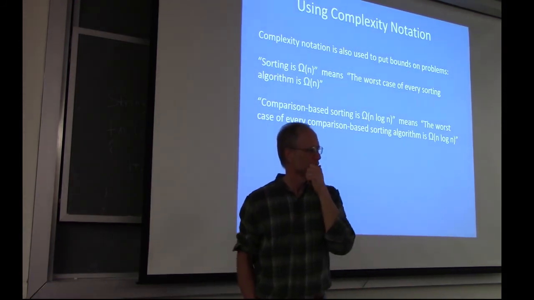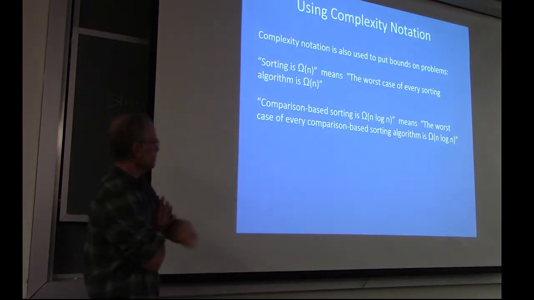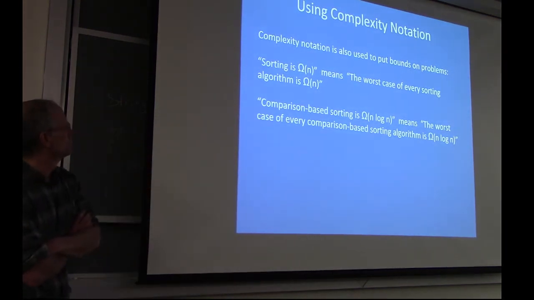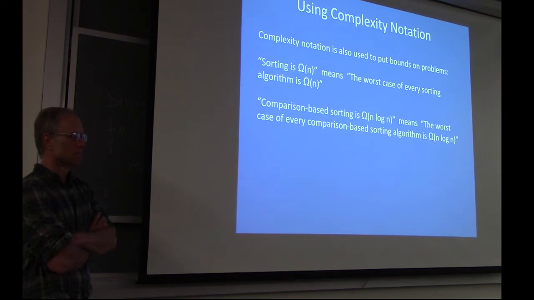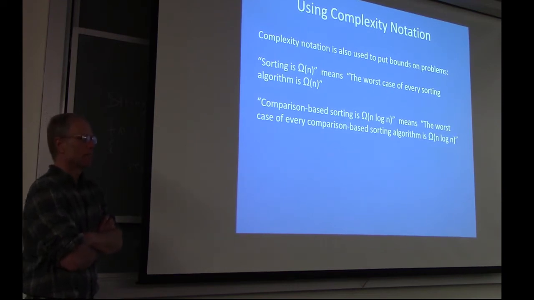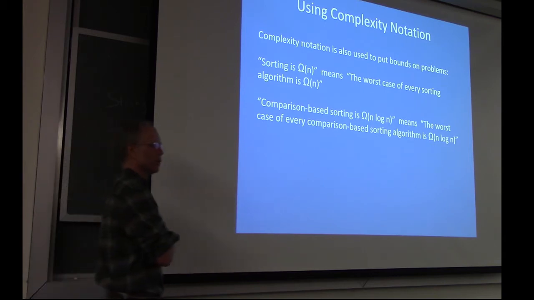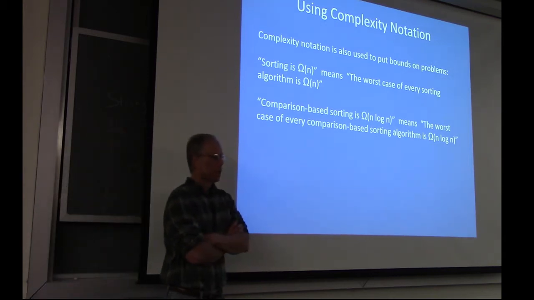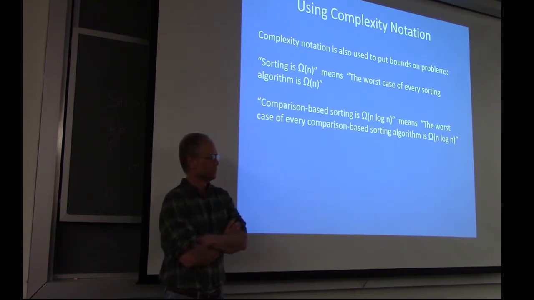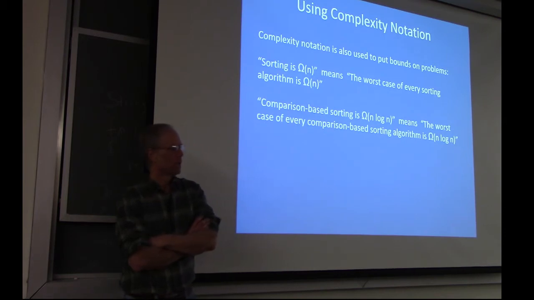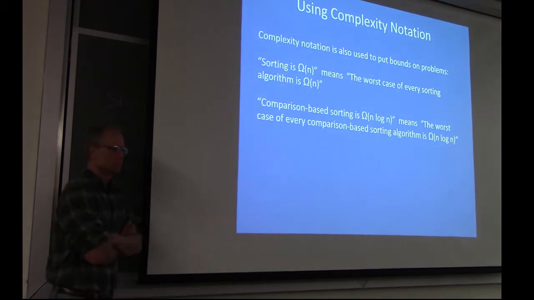Perhaps I lost you with understanding why you're labeling everything as the worst case instead of best case. Well, that's just what it means. When you invent a new algorithm, what people are going to be interested in is, how good is it in the worst case? Okay, I think I'm understanding.